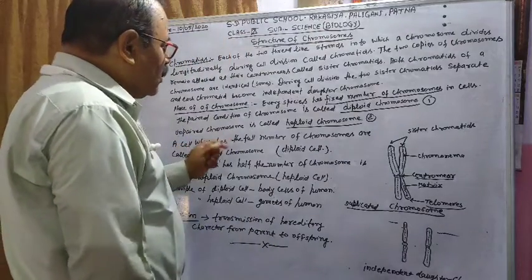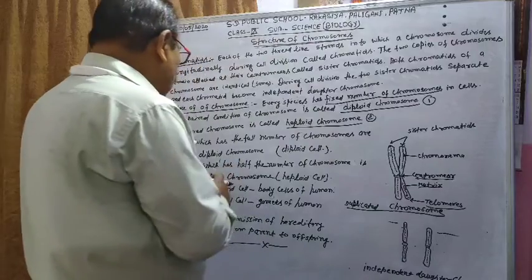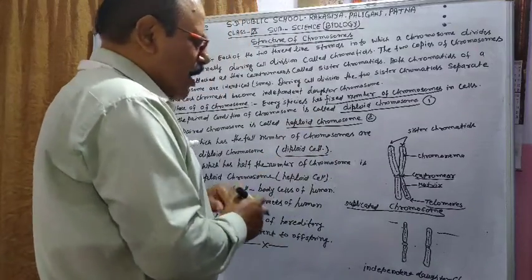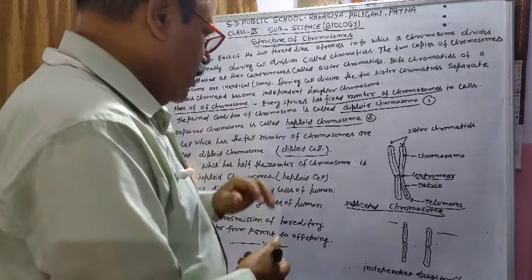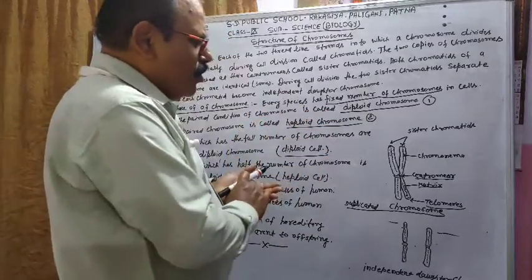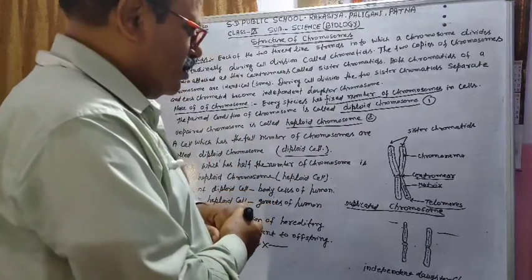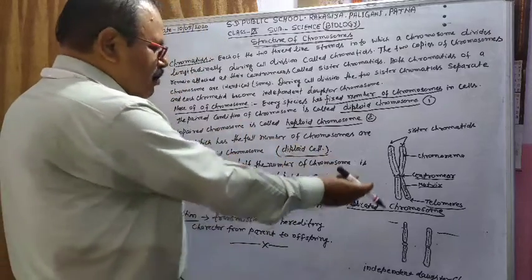A cell which has the full number of chromosomes is called diploid. As an example, the body cell of human beings has the full number of chromosomes, 46. That is diploid.